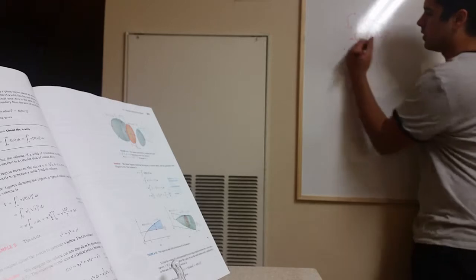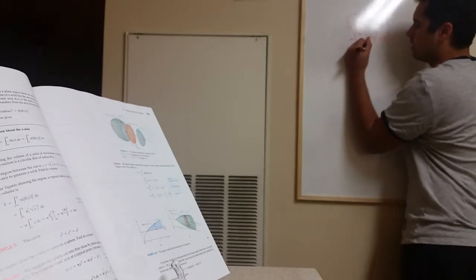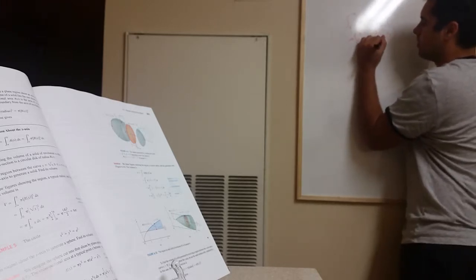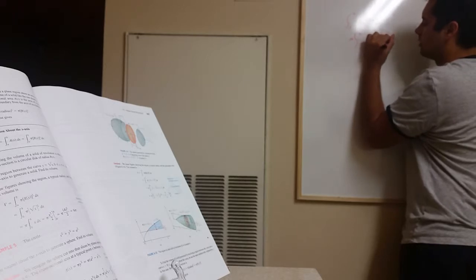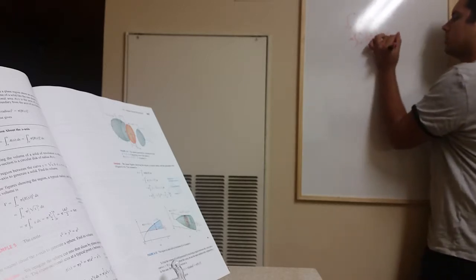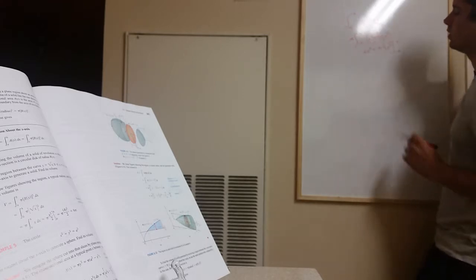Alright, so then I'll have pi a squared plus pi 1/3 x cubed from a to negative a.